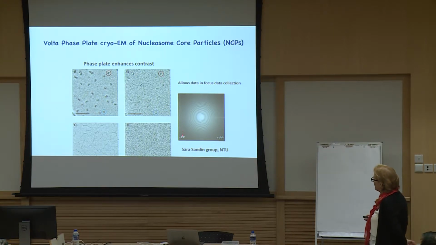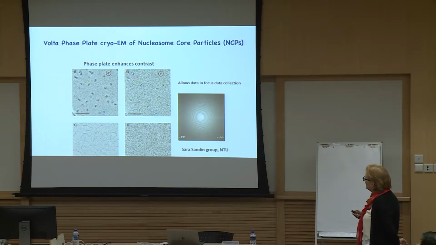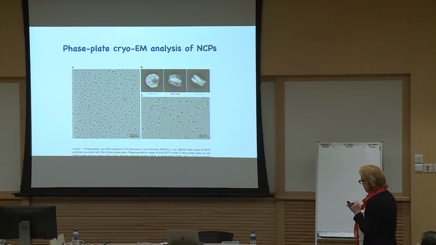This shows the phase shift. I'm not going through how we collect data in EM, but the faceplate allows data to be collected in focus rather than out of focus, as we normally have to do. Here you see a field view, then we do the 2D classes, different views, and even in the 2D classes you can already see the helical shape of the DNA.